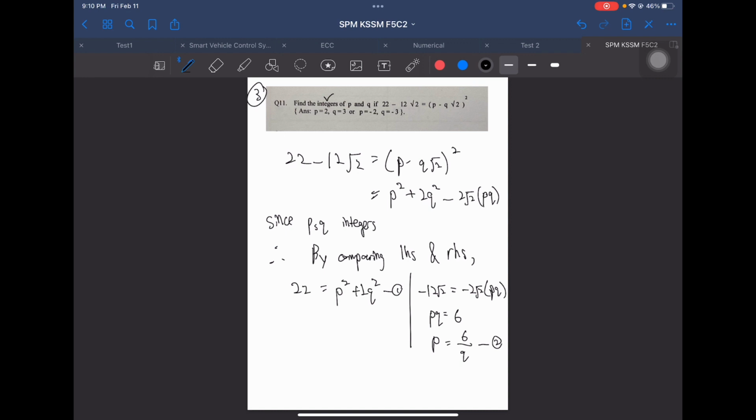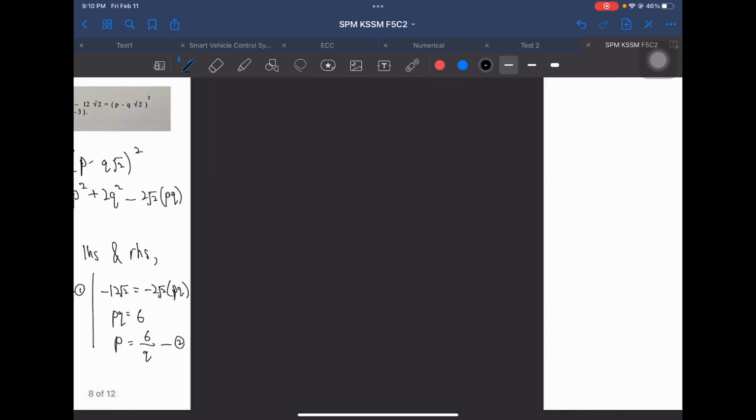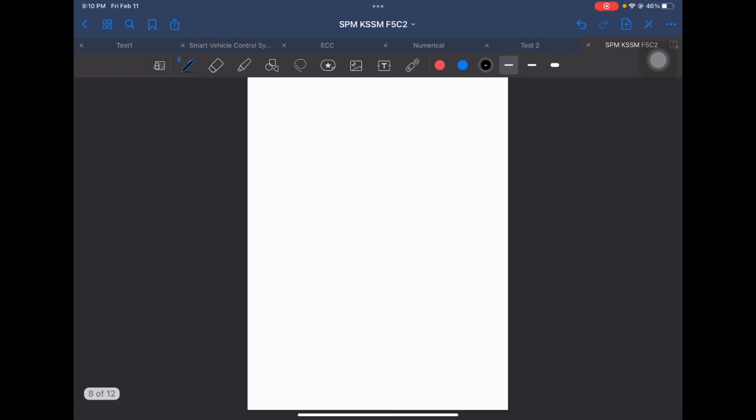Okay, so now the rest is trivial. Just sub 2 into 1, so (6/q) squared... that is, 36 over q squared plus 2q squared equals 22, and then expand it.